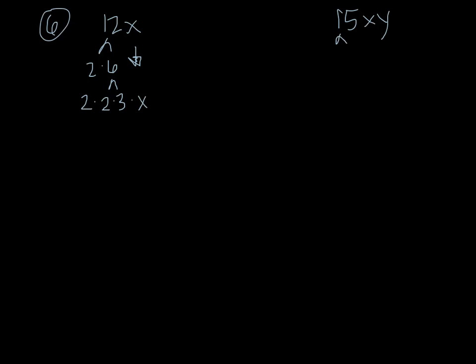For 15, I can do 3 times 5. That's already prime factorized. Then times x times y. Okay, so let's see what do they have in common. Well, they both have a 3, so I write down a 3. They both have an x, so I'm going to write down 1 x.